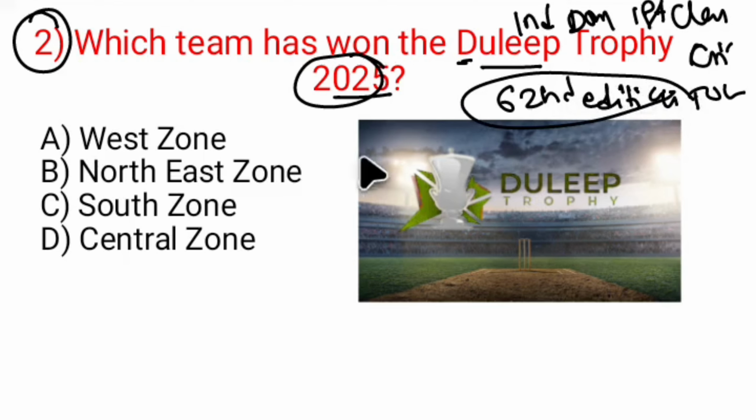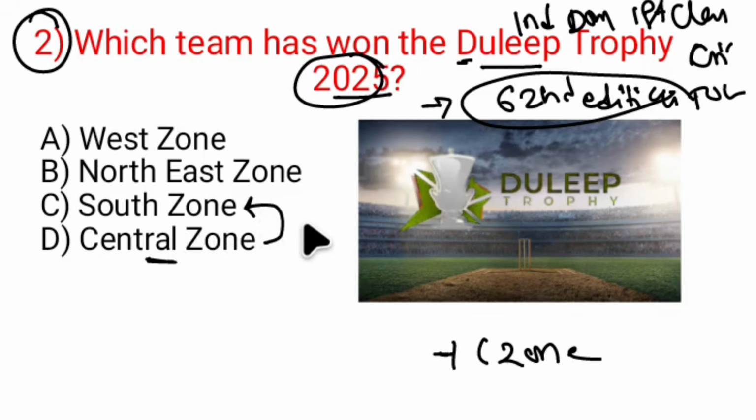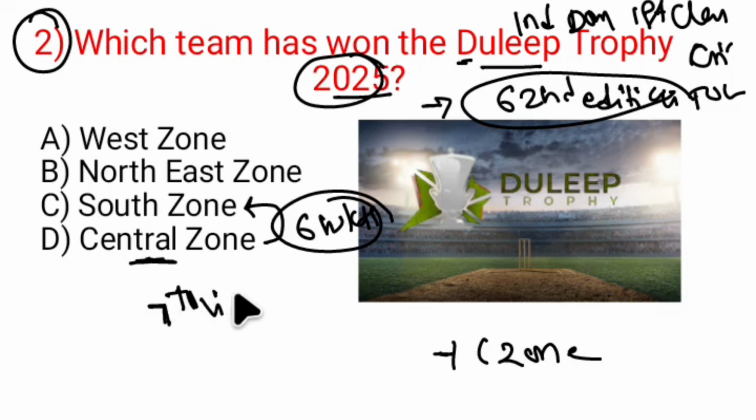This 62nd edition was won by the Central Zone by defeating South Zone with 6 wickets in hand. And this was the 7th victory for Central Zone after 11 years.